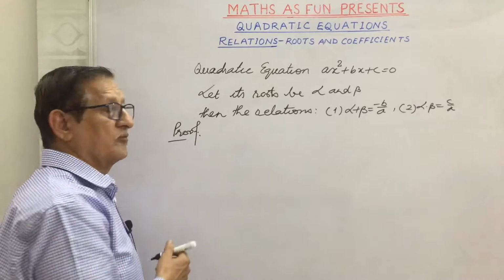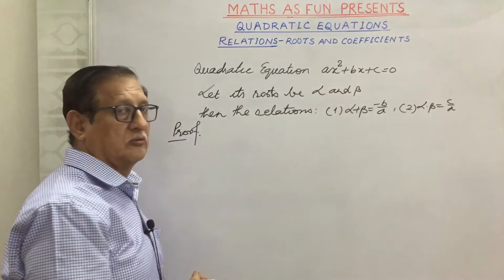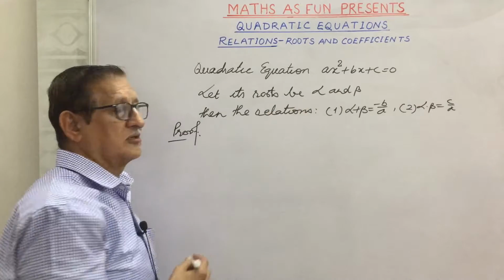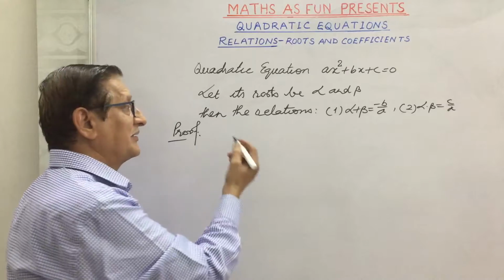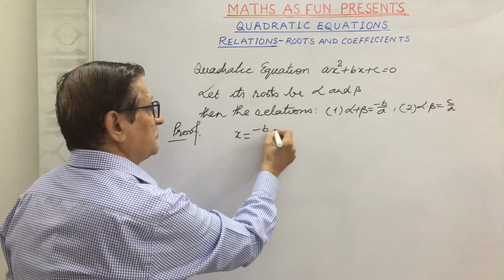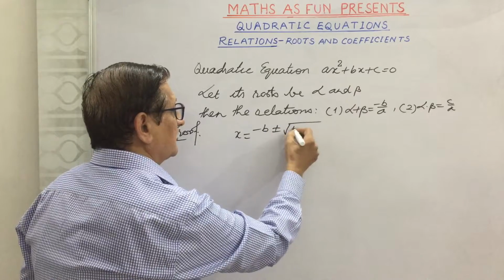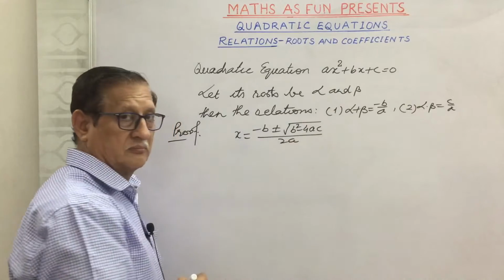When we go to the proof, we know if ax square plus bx plus c equal to 0 is the quadratic equation, then its roots are given by the quadratic formula, that is x equal to minus b plus minus root of b square minus 4ac upon 2a.